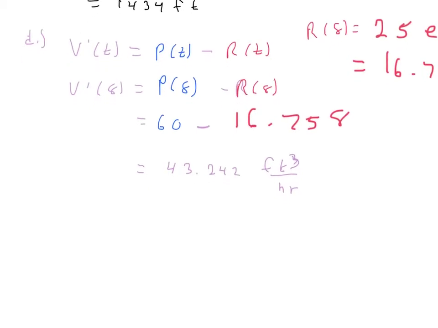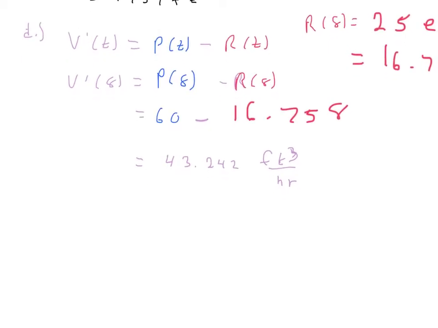The second part of D wants us to find the change in the height, or how fast the height of the water is increasing at a time of 8. We know that the volume of a cylinder is equal to pi r squared times h. It looks like we have 3 variables here, but since it's a cylinder, the radius is constant.